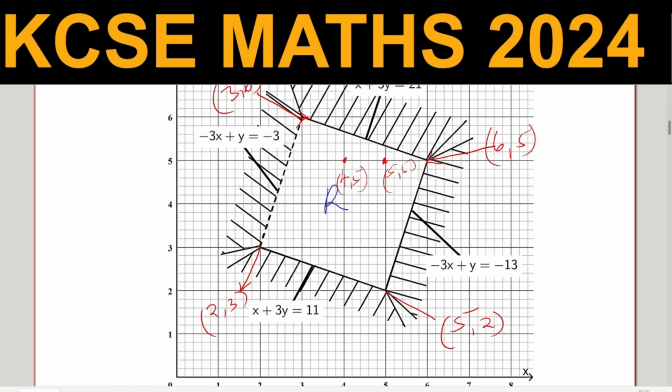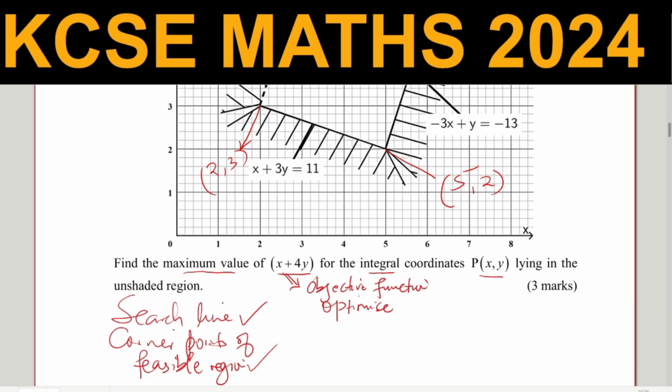So I can test any of these points. The one that gives me the maximum value will be the solution in this case.